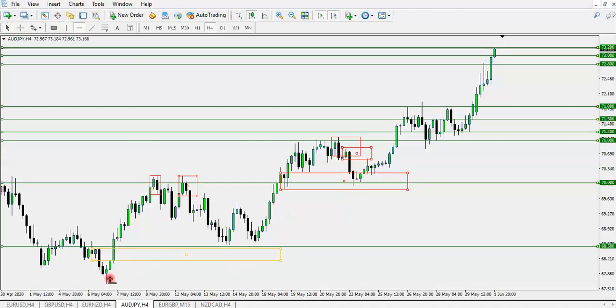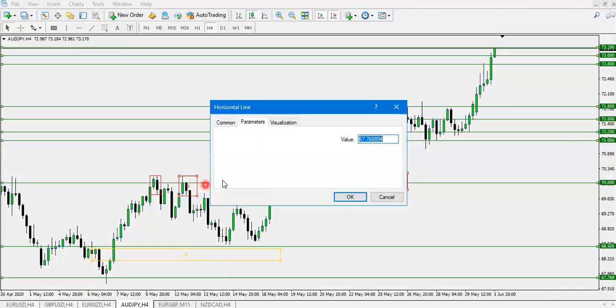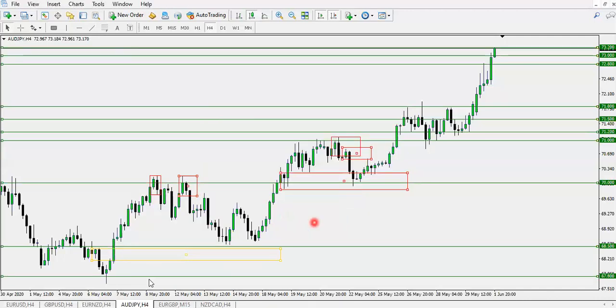Where did price rally off? Our institutional price level. So you can see this happens daily, every day, all pairs.